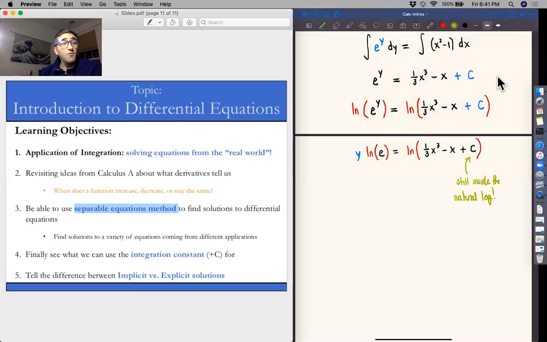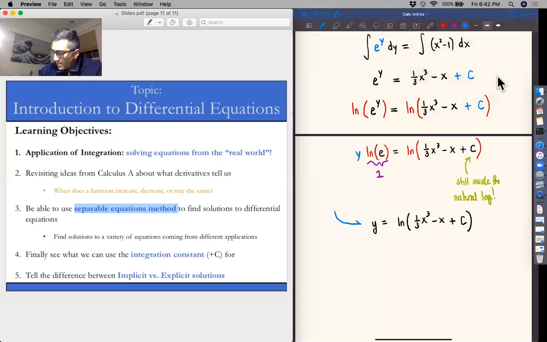So we're almost done with solving for y directly as a function of x, because ln of e is just defined as the number 1. So the left-hand side of our equation just becomes y. And the right-hand side is ln of 1/3 x cubed minus x plus that integration constant c.